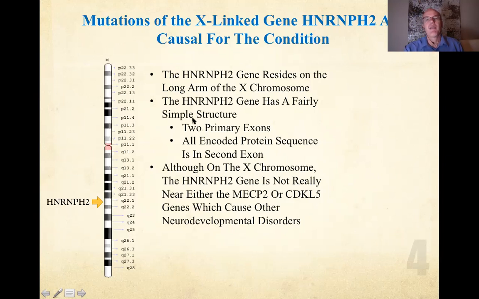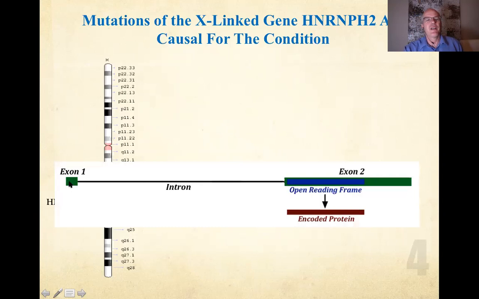It has two primary exons, shown here in green in an illustration of the gene structure. There is the one intron that separates the two exons. And interestingly, all of the open reading frame that encodes for the translated protein that becomes the functional HNRNPH2 protein is included in this one exon 2.